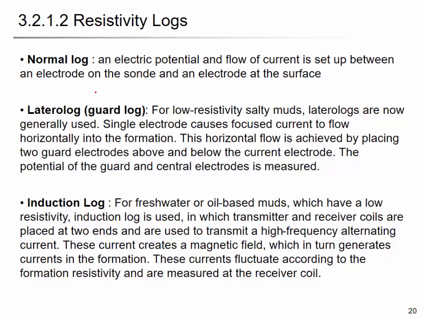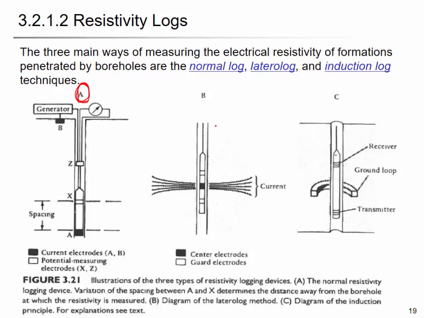And so the explanation of each logging method. The electrical potential and the flow of the current is set up between an electrode on the sand and an electrode at the surface. So let's go back to this slide. These black electrodes are the current electrodes, so it flows the current.